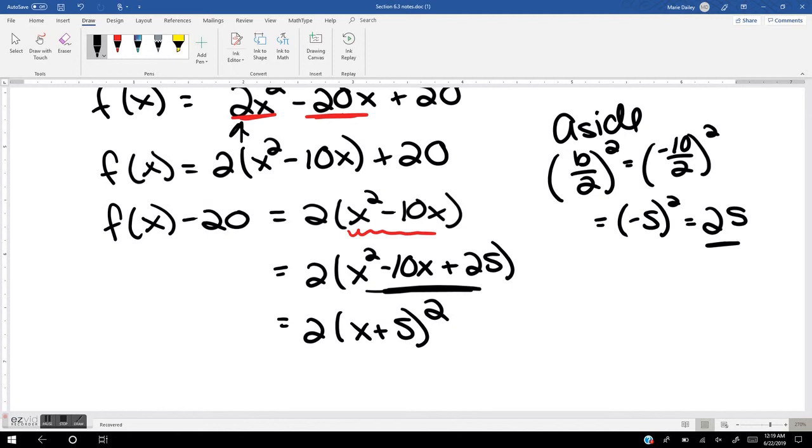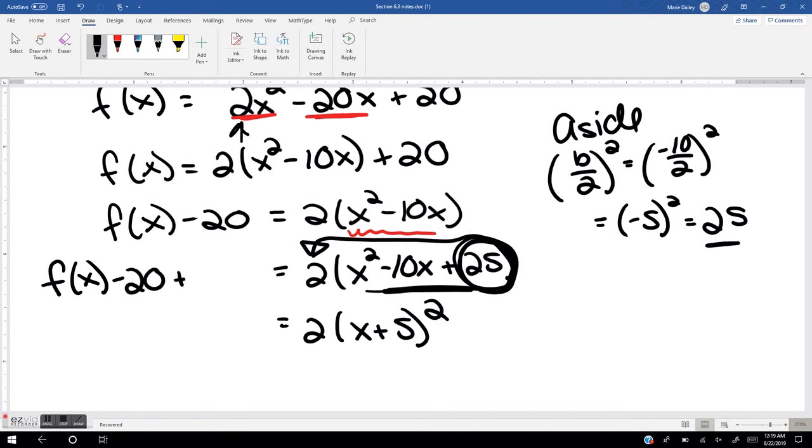But we need to be careful because we're not adding just 25 to the equation, but rather 25 times 2. So in other words, we're really adding 50 to both sides. So that's going to be f of x minus 20 plus the 50. So that's going to be the magic number, okay?